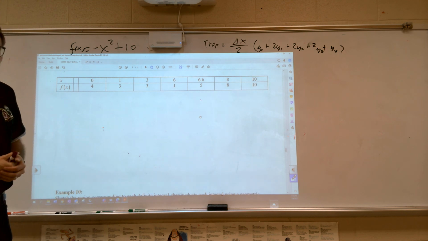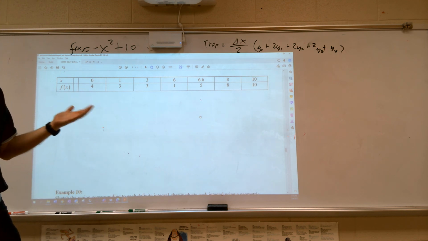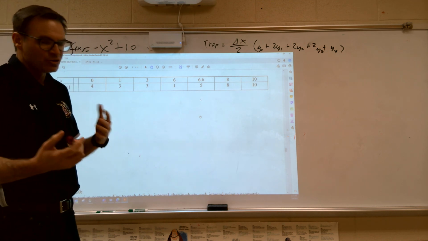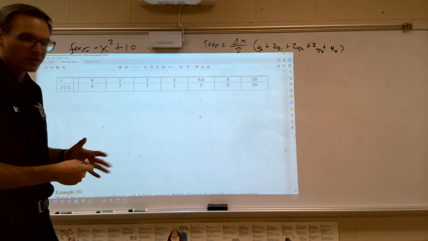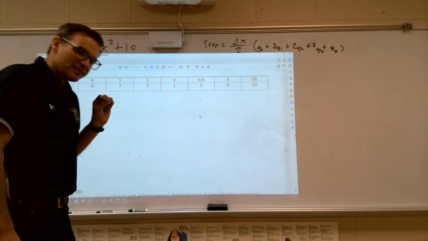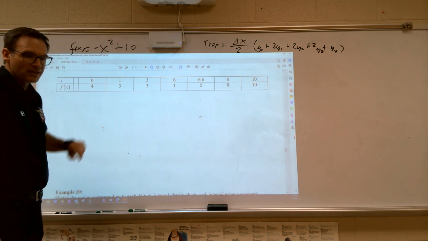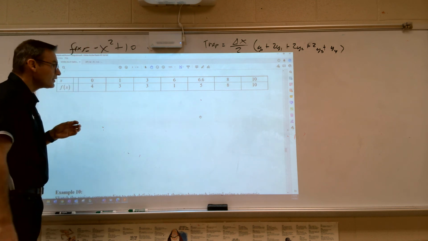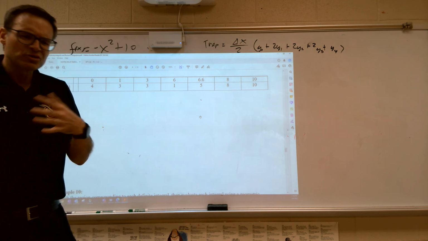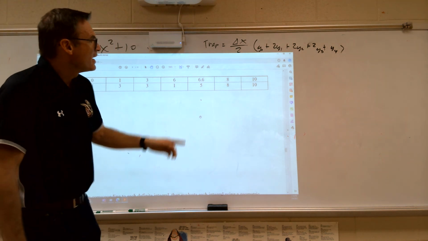They'll give you a chart and they'll say, approximate the area with a trapezoidal rule. I could do this with LRAM and RRAM or whatever, but let's say I want to use trapezoidal rule. If I'm going to use trapezoidal rule in this case, here's a problem. Or they won't say using trapezoidal rule, they'll say approximate it with trapezoids.